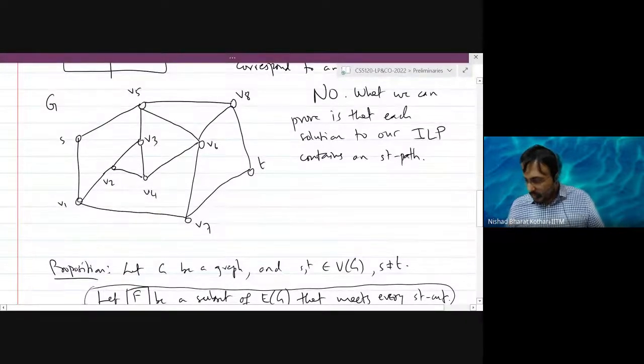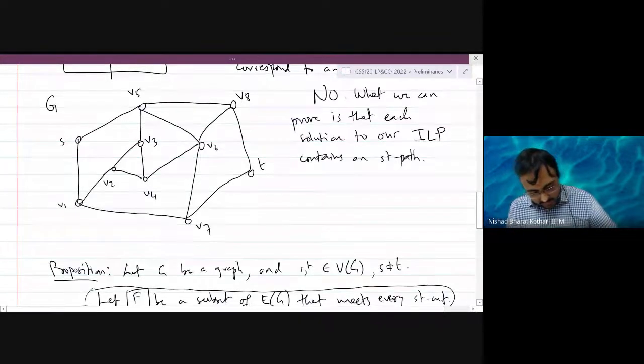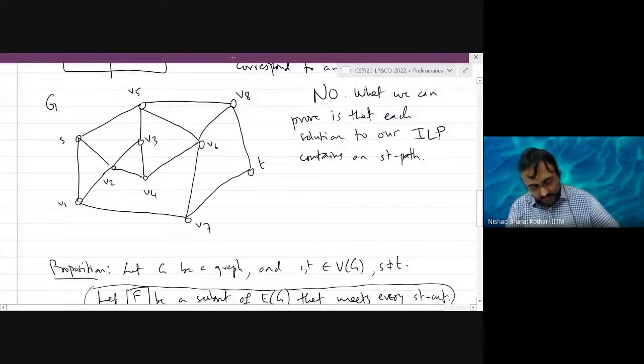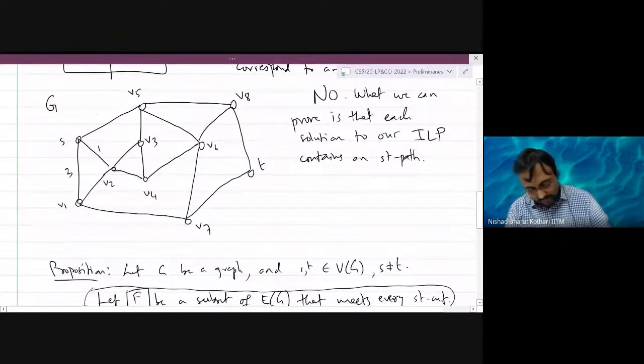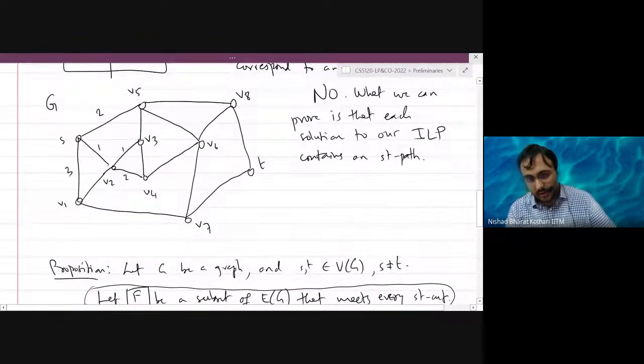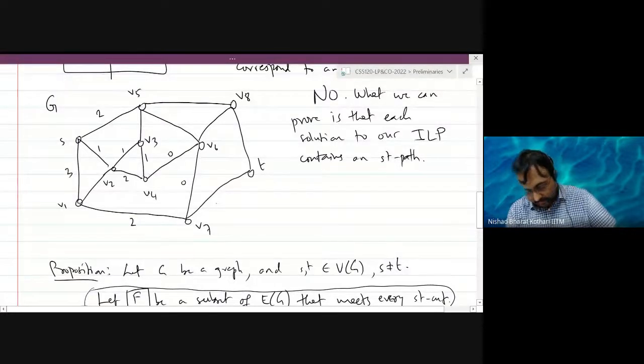Okay, so I'll just put some cost on the edges, and you can try finding the shortest ST paths here, and we'll continue this discussion on Monday. Because of the time lost, I don't think we are on track, but it's okay. We'll start module 2 on Wednesday. Then we'll switch our focus entirely to linear programs.